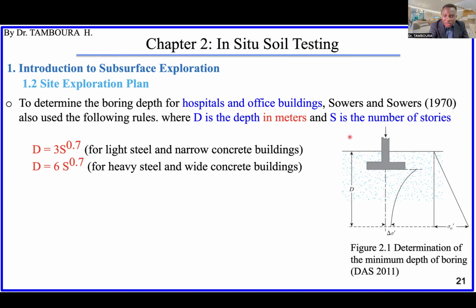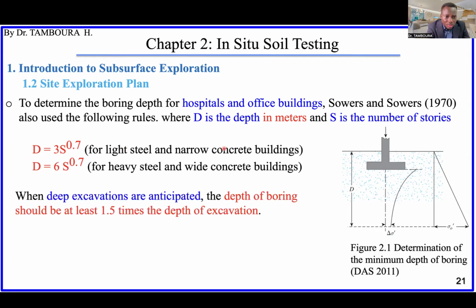S is just the number of stories. If you check in some books, you will see that this formula is given in another way, but it is the same formula. Please check. I just made it this way to make it easy for you. Otherwise, the original formula was D divided by S to the power 0.7 equals something A, and the value of A is given somewhere. So anyway, it is the same.